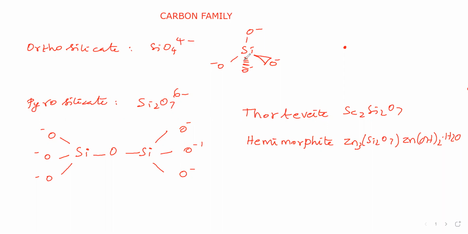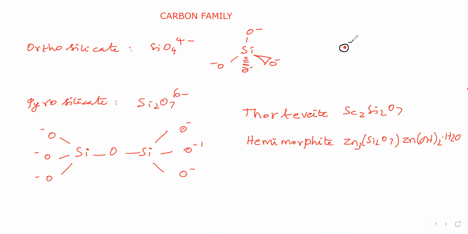It is tetrahedral. Now this O minus is projecting rear of screen. That O minus we will write like this. So the center dot represents silicon. Here a circle and minus we have given, that is called O minus, projecting rear side.